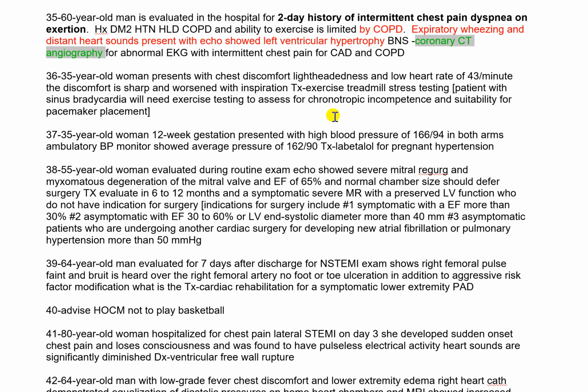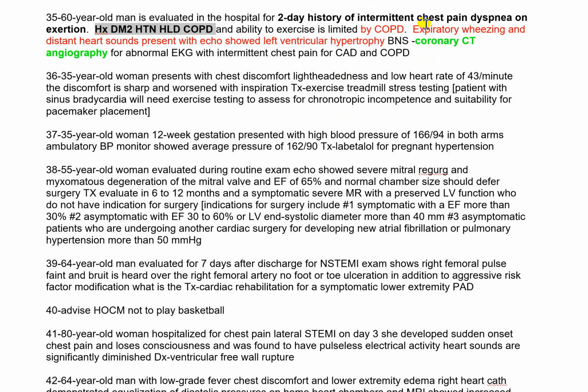Angio. Wait, why is angio? That's a good question. The reason for that, because this patient, you see, has a lot of comorbidities, okay? And COPD, okay? So this patient, what he's having, 2 days of chest pain, dyspnea and exertion, they make us think it could be coronary artery disease, could be angina, okay?